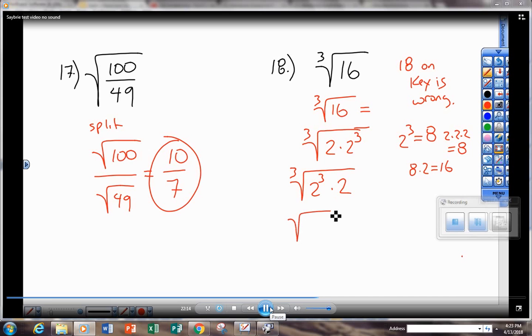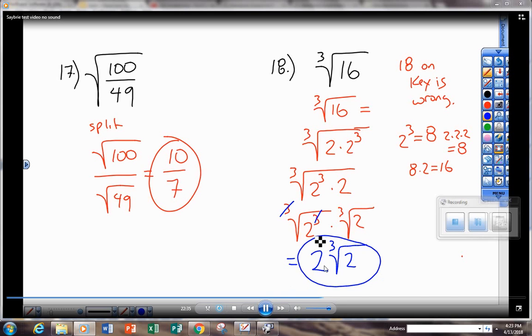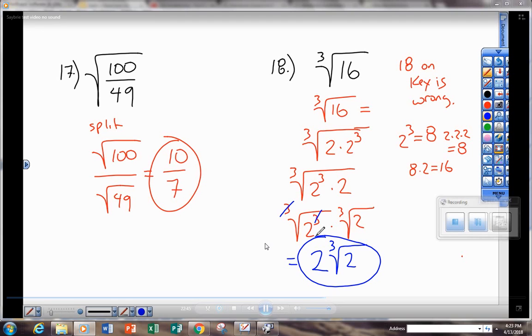When you split that up into the cubic root of 2 to the third times the cubic root of 2, that ends up being the whole number 2 times the cubic root of 2. Again, it might have been easier if I wrote this as an 8 and just did the cubic root of 8, which is the whole number 2. Probably talk about that when we meet again. So 2 times the cubic root of 2. A little bit more difficult, but I can make up problems like that for you.